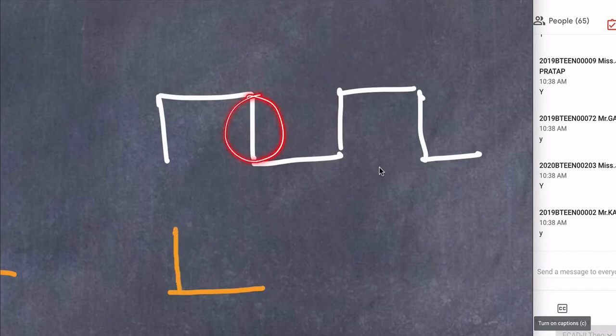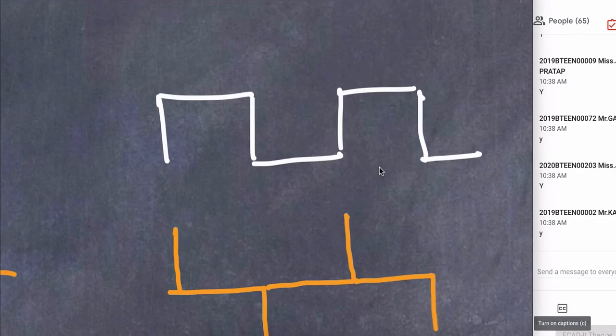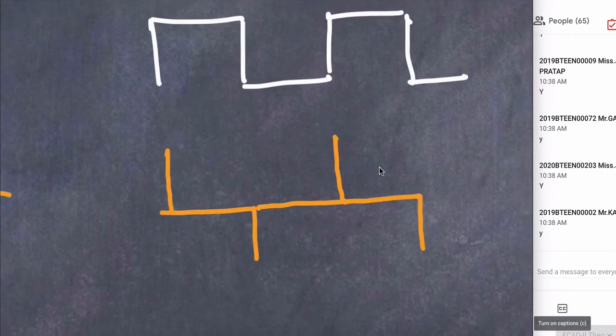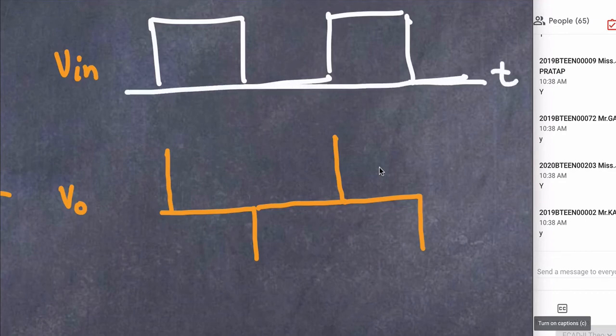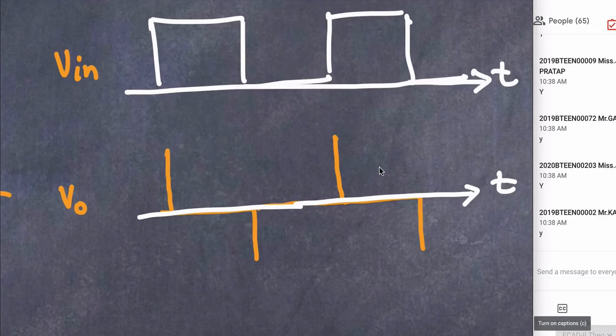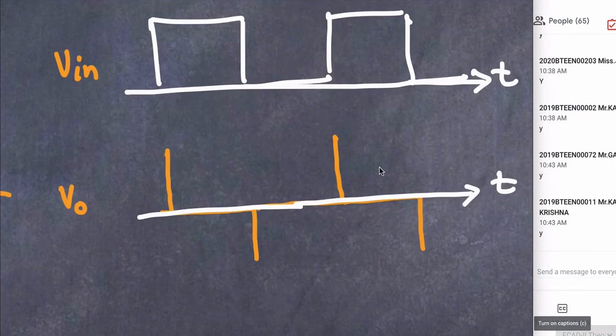In this portion the rate is still large and it is going down, so the output will be like this. So this will be the output. Are you getting this? VO and V in, and obviously the time axis. This is also time axis. I hope you understood this. Yes or no?